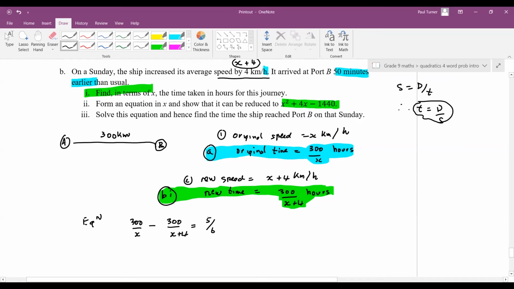This must also be in hours. So unless the question is meters per second, then we may make everything seconds instead of minutes or hours. So it depends on the question. But in this question, we're using hours. But in physics, very often we'll be using meters per second.